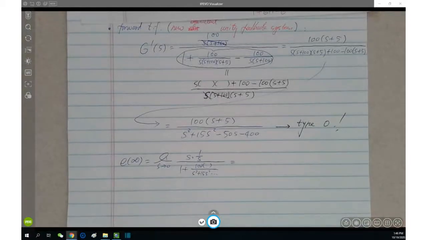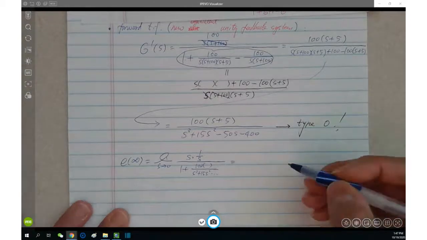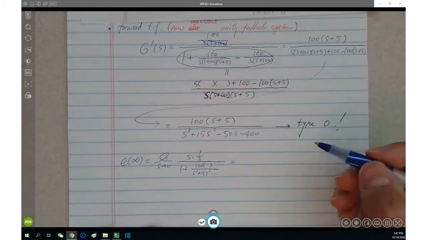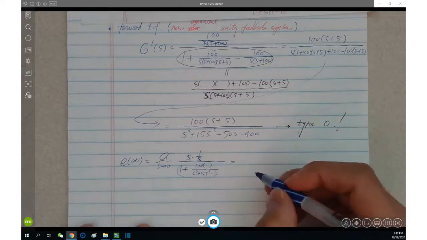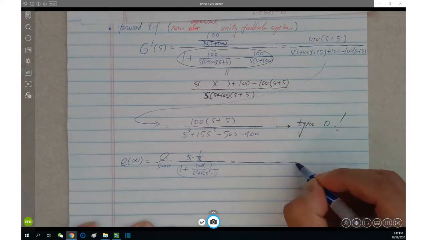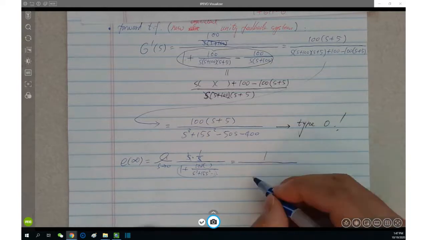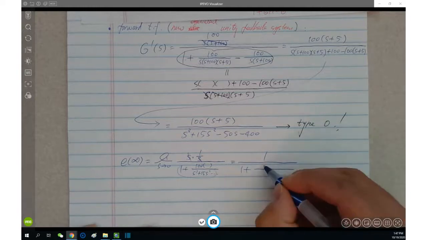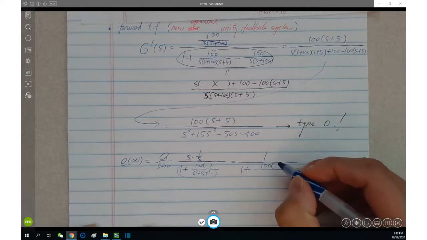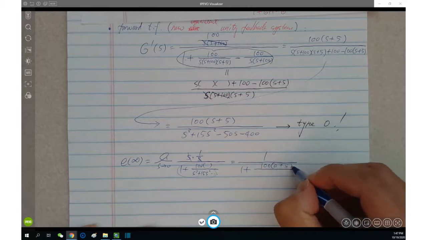Does it make sense? Once again, you make the denominator, because the numerator is the constant 1. And then you basically substitute s into this, right?